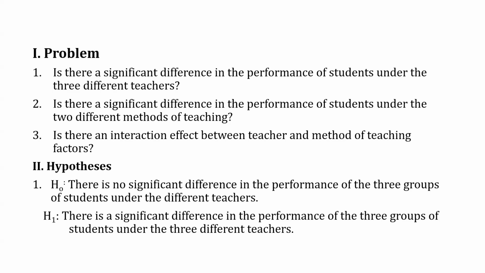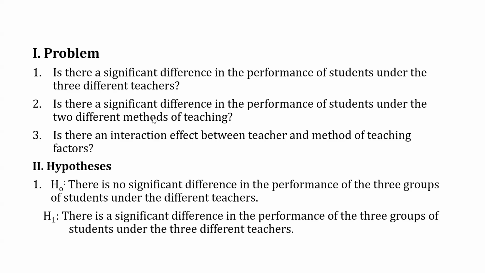So the hypothesis here for problem one, the null hypothesis: there is no significant difference in the performance of the three groups of students under the different teachers. The alternative hypothesis: there is a significant difference in the performance of the three groups of students under the three different teachers.